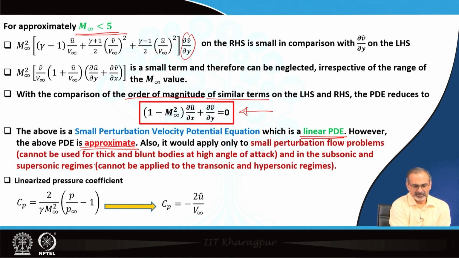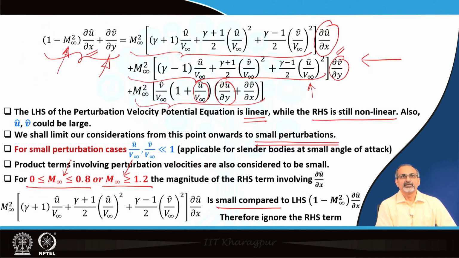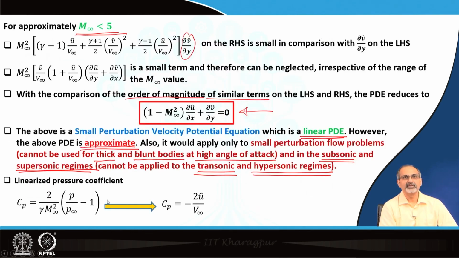That means, we cannot apply it to thick or blunt bodies at high angles of attack, and it can be applied only in subsonic and supersonic regimes, like the way we have prescribed the M infinity, and cannot be applied for transonic or hypersonic regimes. So, the limitations of Mach number is something that you have to keep in mind, the ranges that we talked about.